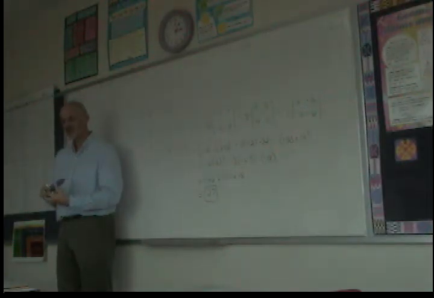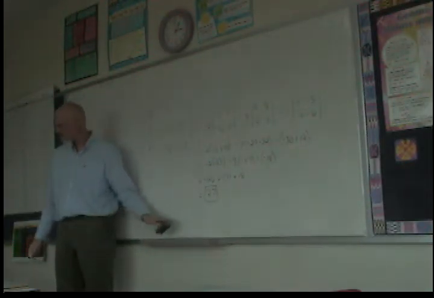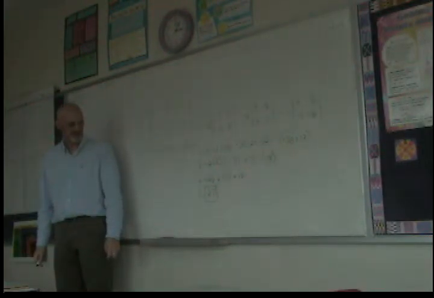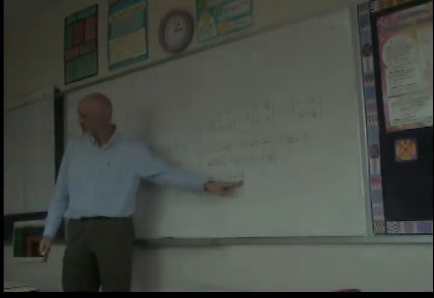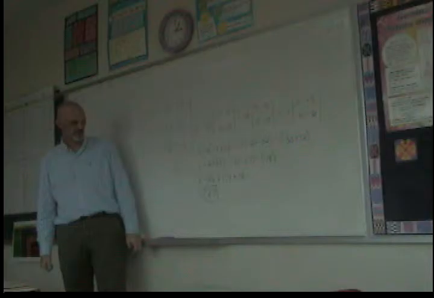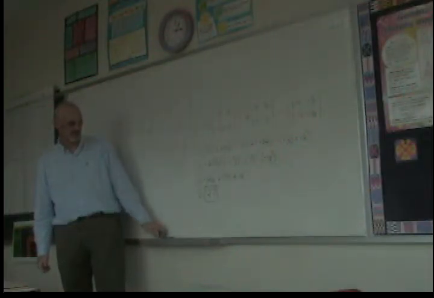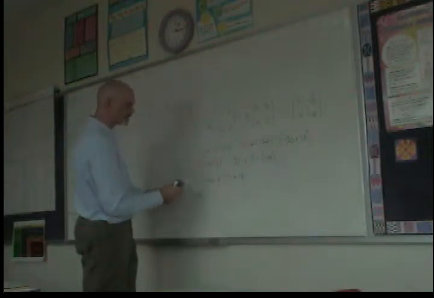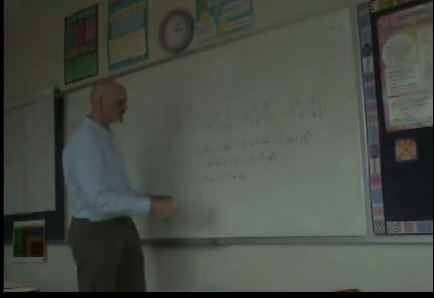No, still incorrect? The negative 126 plus 171 plus 18 is 63. This is 62? 63. Oh yeah, I think I subtracted rather than added there. Okay, so negative 126 plus 171.